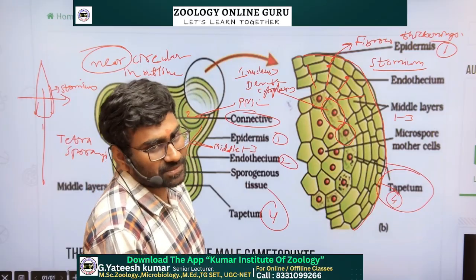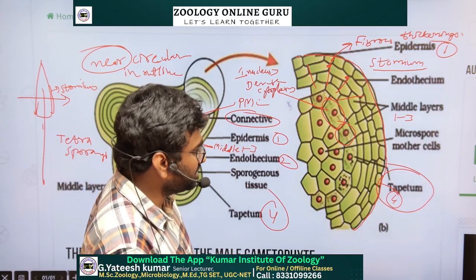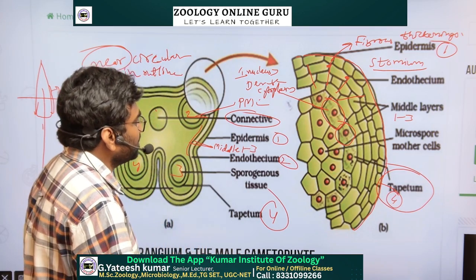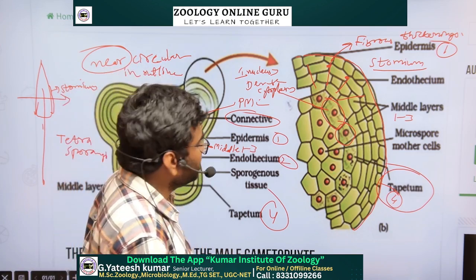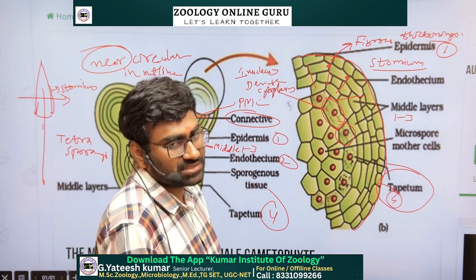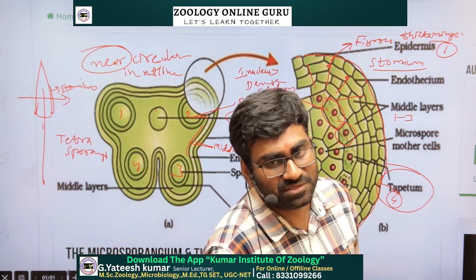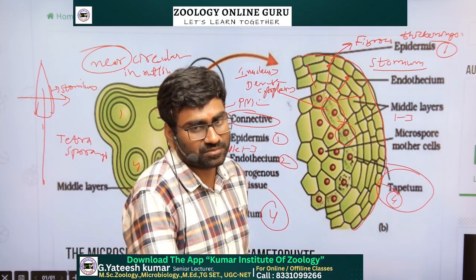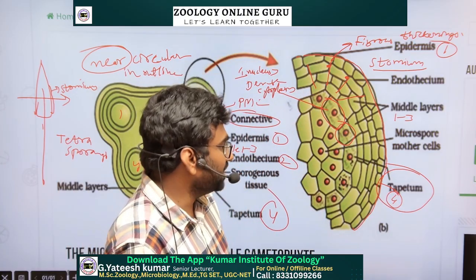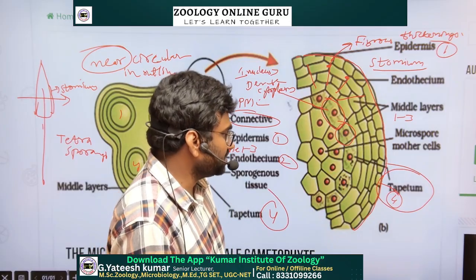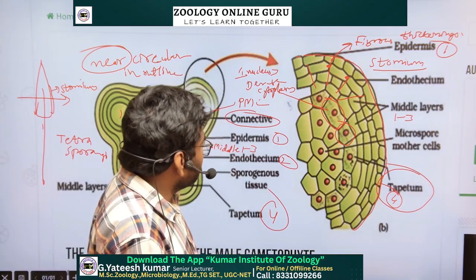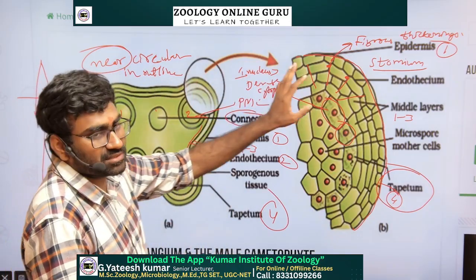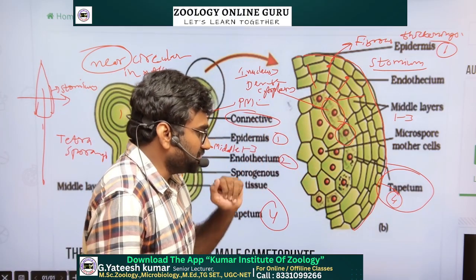That is, sometimes binucleate or multinucleate condition is observed, right? Here pollen mother cells are present. Each pollen mother cell undergoes meiosis to produce 4 microspores, known as the pollen grains. So this is about the wall layers of the microsporangium.